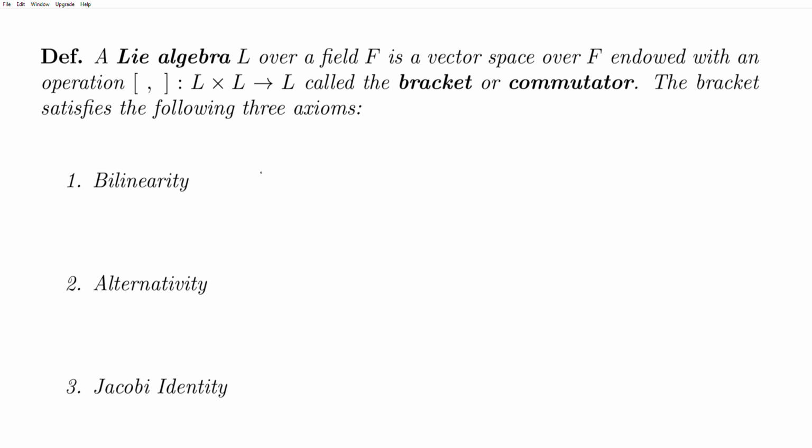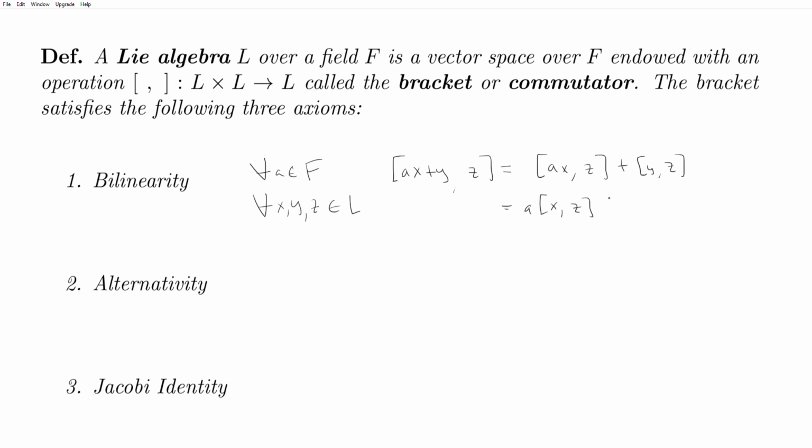To show what it means to be linear, say in the first component, we have for all a in our field, so for all scalars in the field, and for all vectors x, y, and z in L, we can say that the bracket of the vector ax plus y with z is equal to first ax bracket z plus y bracket z, and then the other condition of linearity is that you can pull out the scalar, and so this is equal to a times x bracket z plus y bracket z.